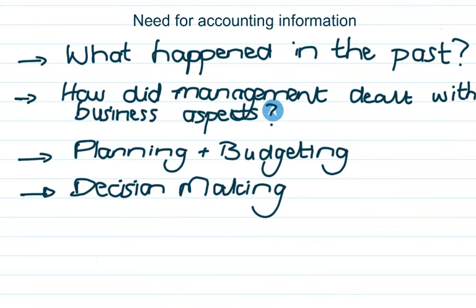Basically financial accounting, while these last 2 has to do with management accounting. Now sometimes it can be that what happened in the past may guide our decision making and may guide our planning. So financial accounting, just to emphasize, past, planning, budgeting, decision is for the future.